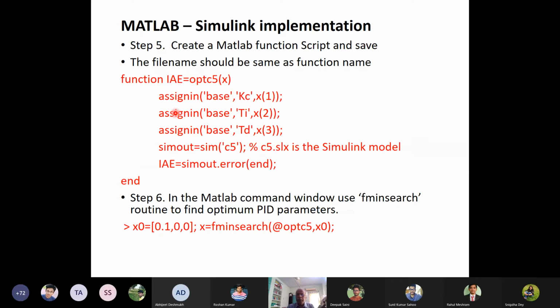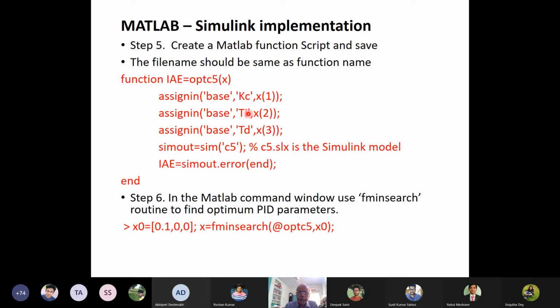Here you can see this assignin statement is assigning the values of Kc by x1, x2, and x3. These x1, x2, x3 are the variables which are used by the optimization algorithm. So I'm specifying x1 as Kc, x2 as Ti, and x3 as Td.